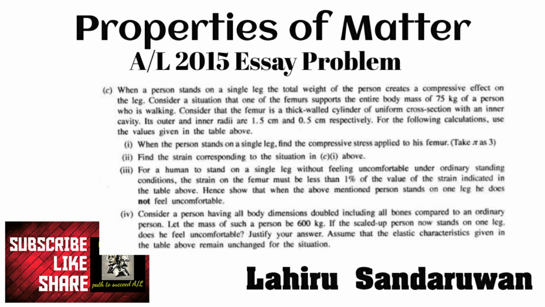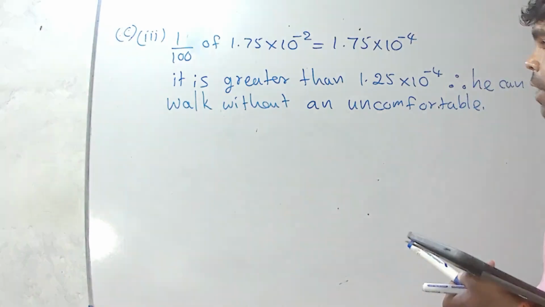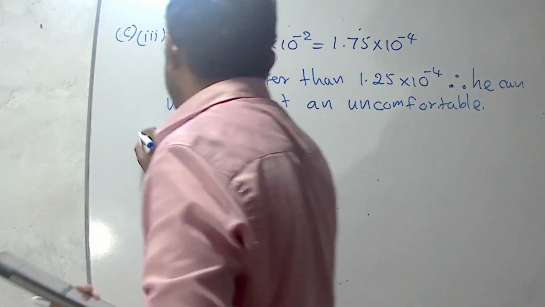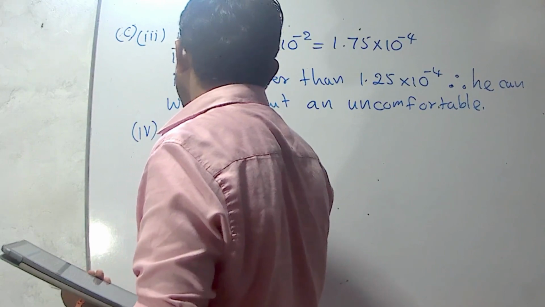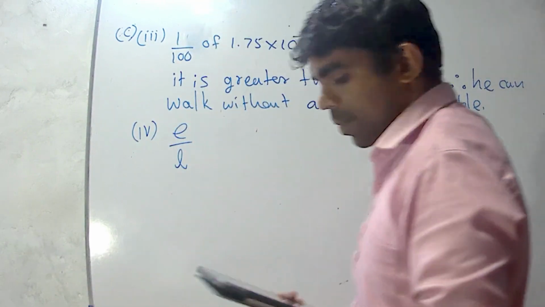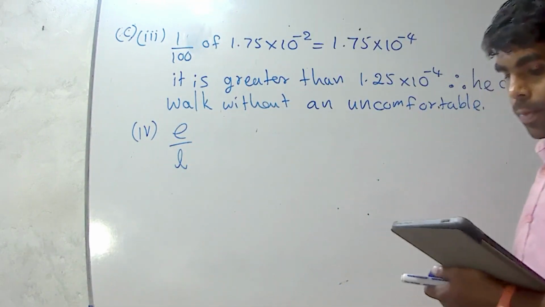Justify your answer. Assume that the elastic characteristics given in the above table remain unchanged for the situation. Then we can find the new e over L value, new strain.